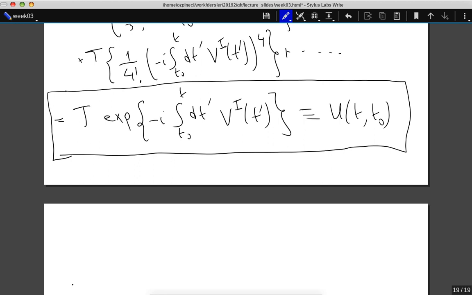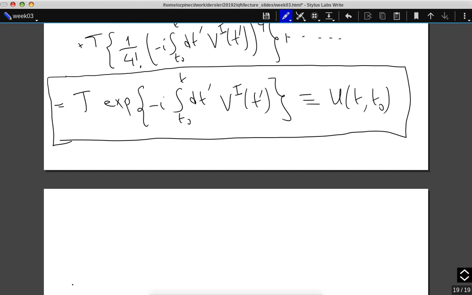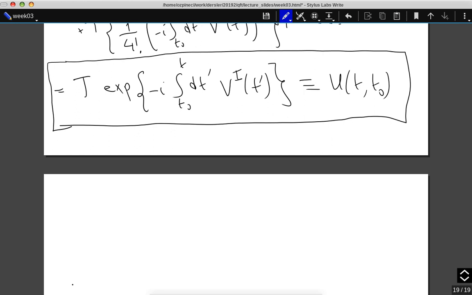Any questions? Well, let's look at some of the properties.